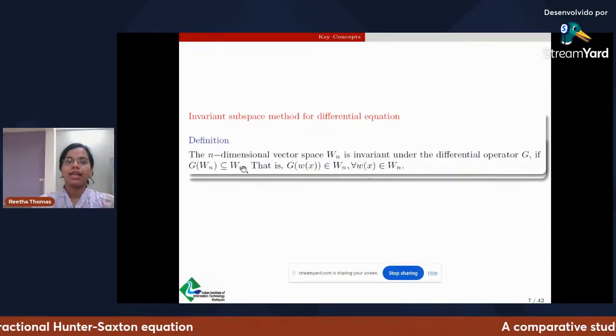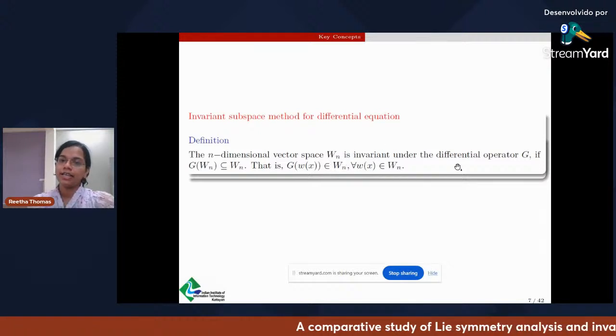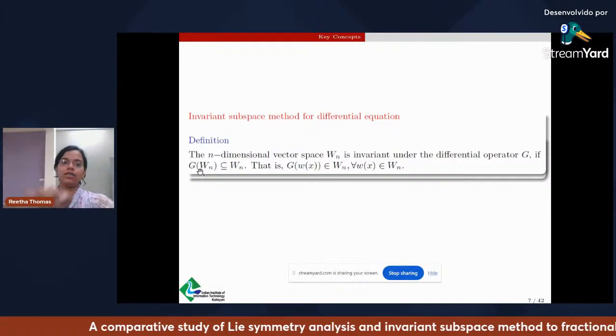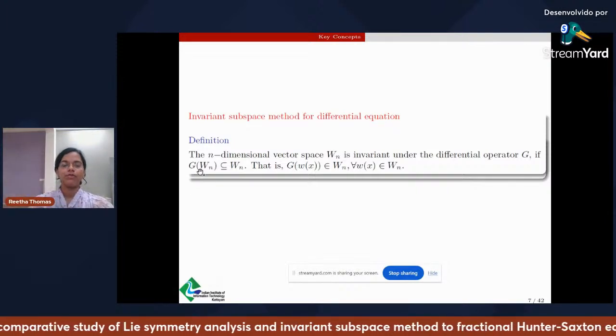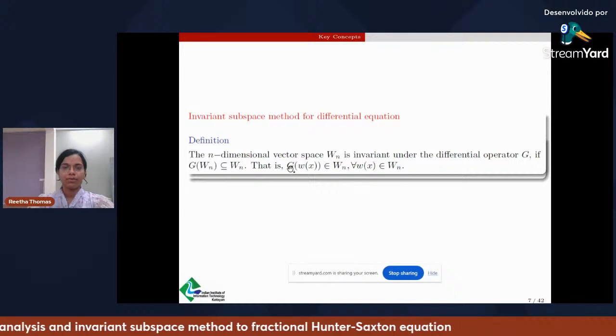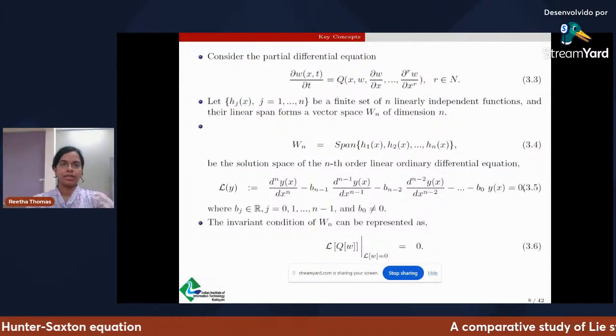An n-dimensional vector space W_n is invariant under the differential operator G if it satisfies the condition G[W_n] ⊂ W_n. That is, for all W in W_n, G[W] belongs to W_n. If that condition holds, then W_n is invariant under the differential operator.